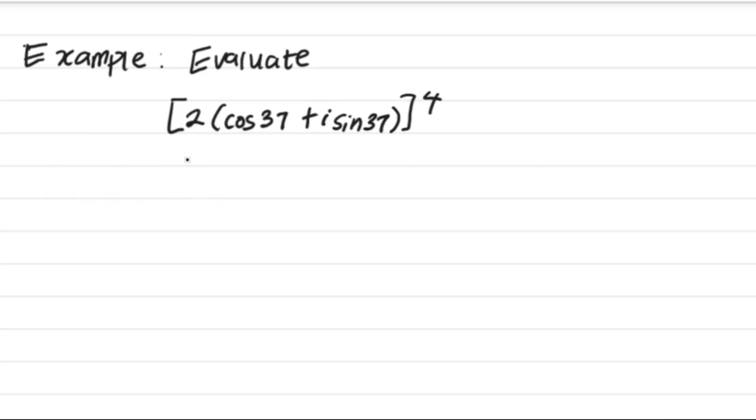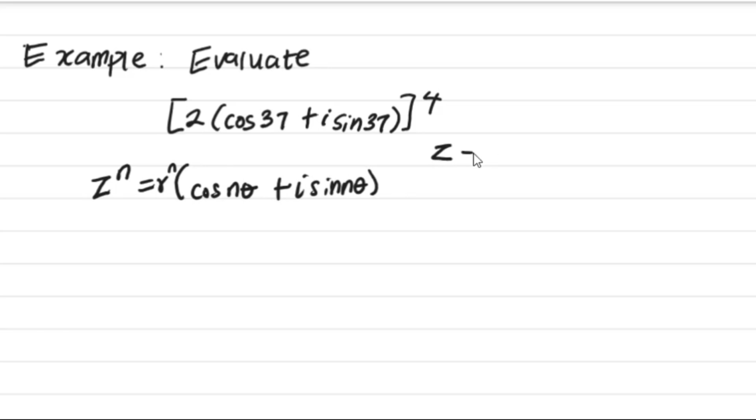We are to evaluate this complex number in polar form raised to a power of 4. From what we just derived, z raised to power n gives us r raised to power n (cos n theta plus i sine n theta). Here, our z is equal to 2 (cos 37 plus i sine 37).